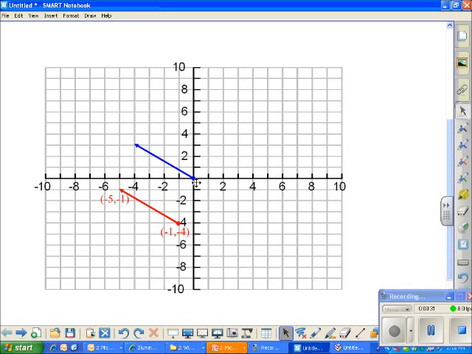Then the end point of the vector is the component form, that ordered pair. So the ordered pair is -4, comma 3, but we don't use parentheses for a vector. You have to use the angled brackets. So the answer is ⟨-4, 3⟩.